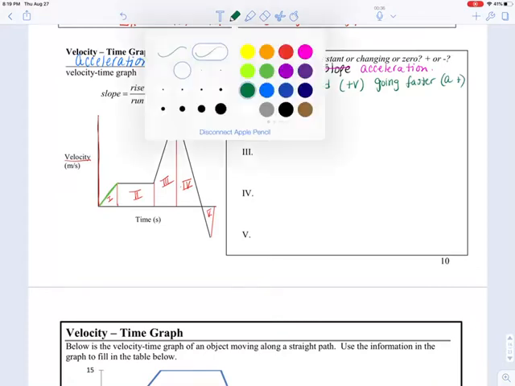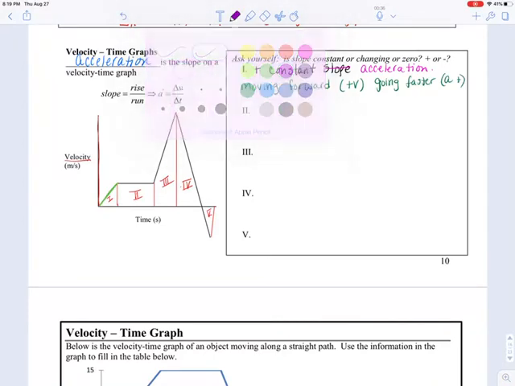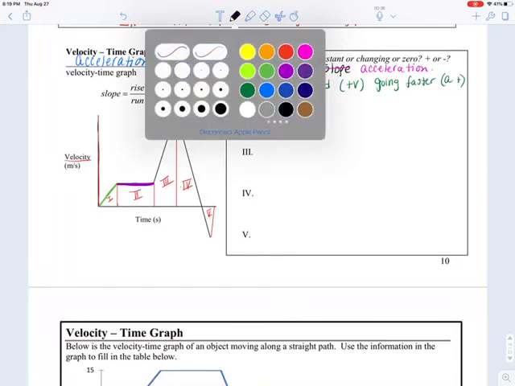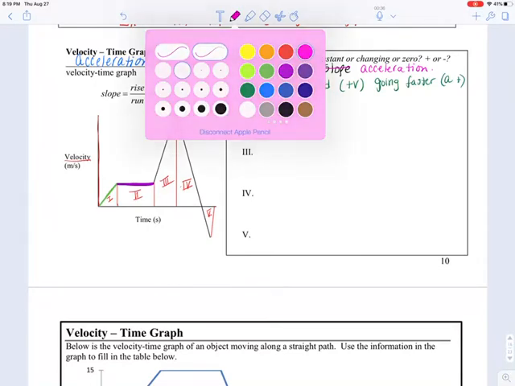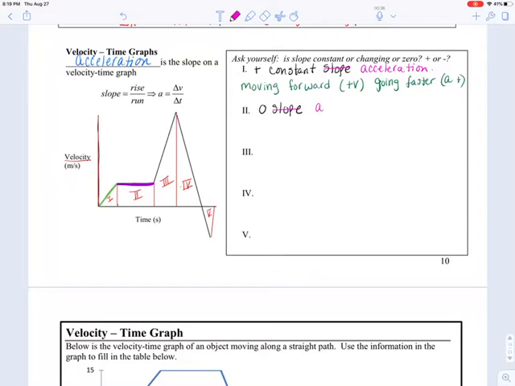All right, let's look at the second section here, which is this section that I'm highlighting in purple, section 2. So if I were to describe section 2 slope, I would say that section 2 has 0 slope, which can also describe its acceleration. What this means is I'm still moving.